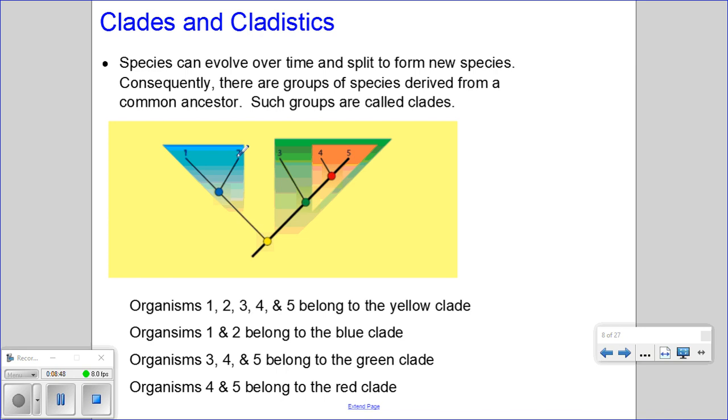It would be incorrect to classify species 2, 3, 4, and 5 as one clade, as there is not a common ancestor between them. So 1, 2, 3, 4, and 5 all share a common ancestor, which is a big clade, but then you can have smaller clades within that big clade.